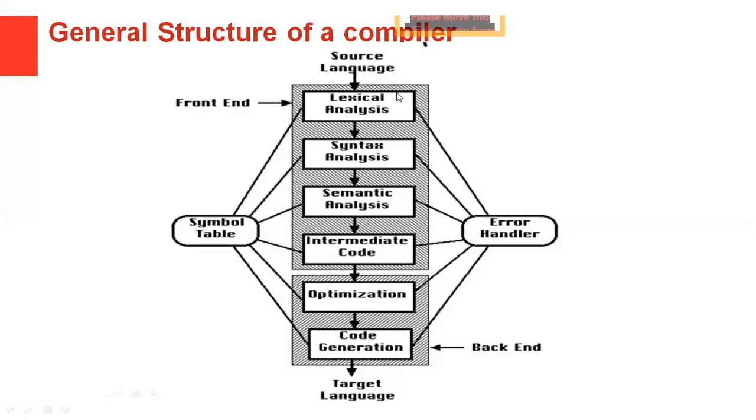What is the role of the preprocessor? We remove comment lines and any white spaces present in a program. And for file inclusion, any header files or preprocessor directives can be included in the source program. So the preprocessor converts the high level language into pure high level language.